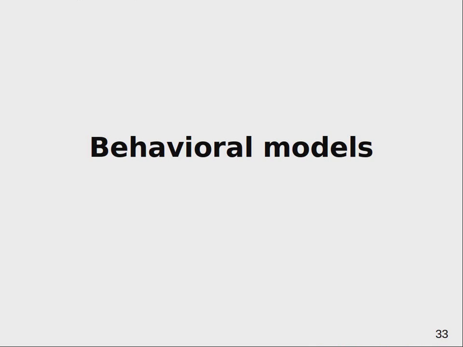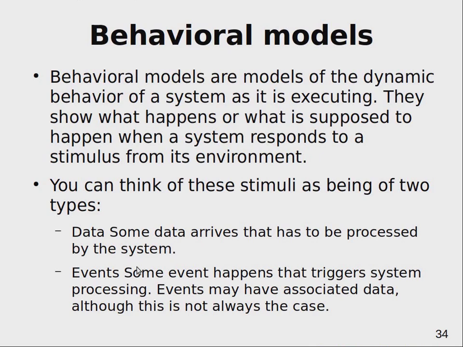Now about behavioral models. Behavioral models describe the system during time, or the dynamics of the system, and what may happen in the system. First, something may go into the system, and after that something goes out of it.